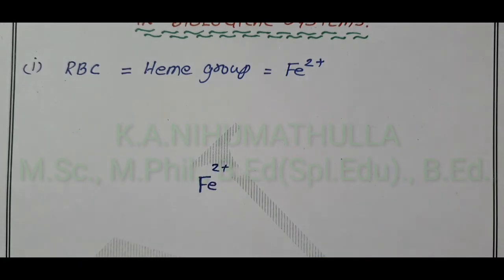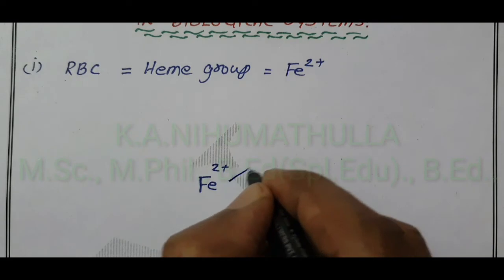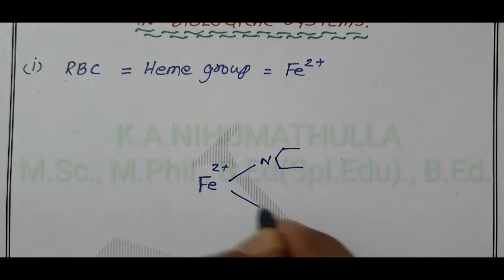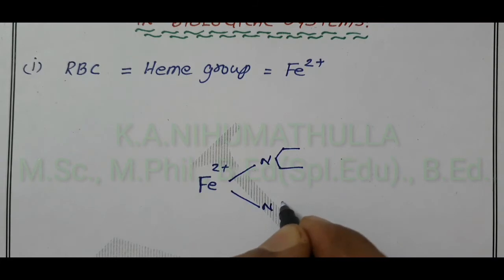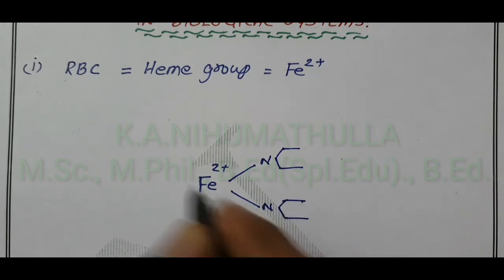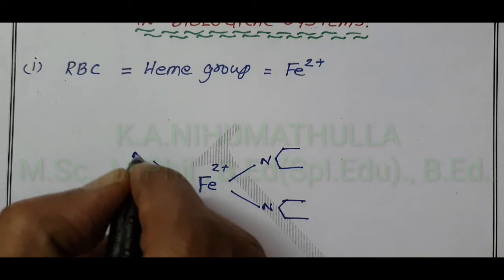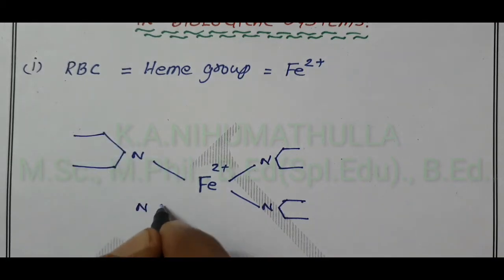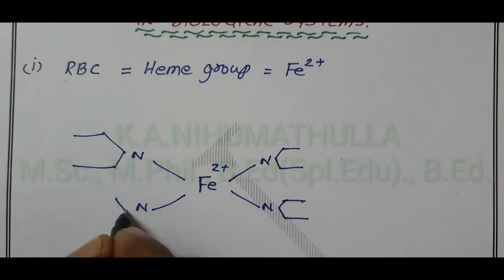Among the 6 bonds, 4 bonds are occupied by nitrogen of the porphyrin ring structure.